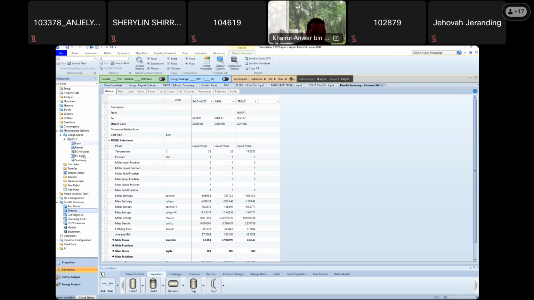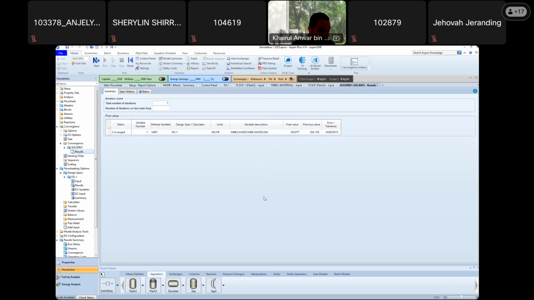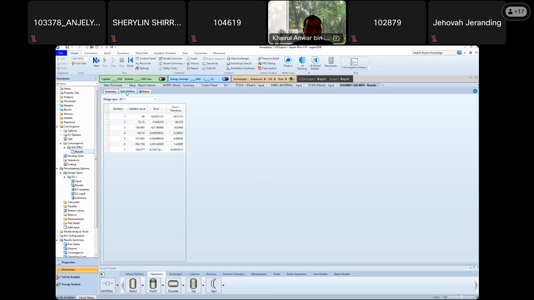Before we go to the stream, we go to the conversion. Conversion for the solver 1 result. This is the summary we just did. 7 iterations.